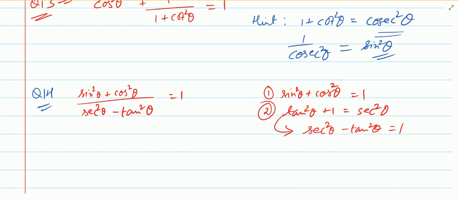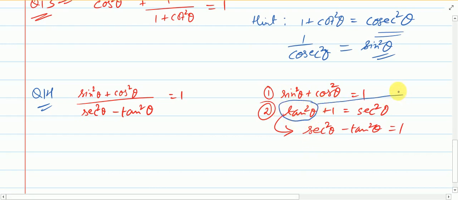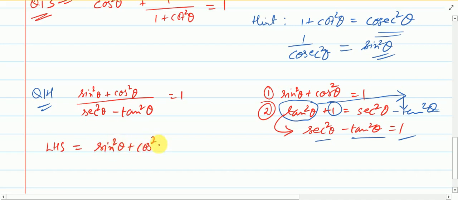Because if you take this to the right, okay, so it will become minus tan square theta. So you are left with only 1. So sec square theta minus tan square theta is 1. Yes, so your left hand side will be this: sine square theta plus cos square theta upon sec square theta minus tan square theta.